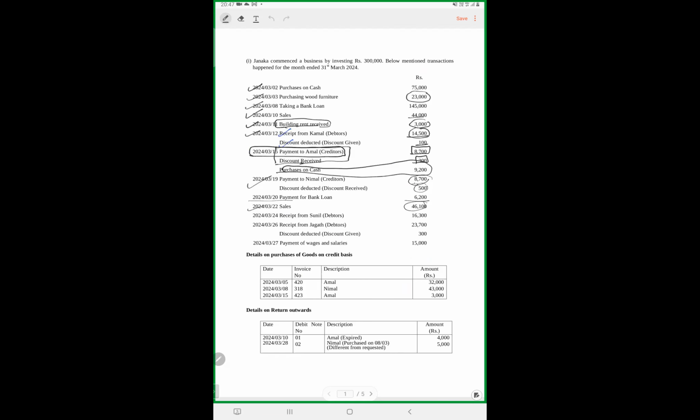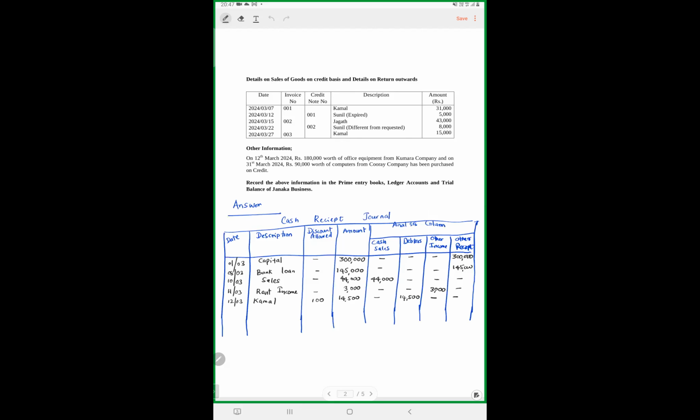Date is 22nd March. Sales. How much we are receiving? 46,100. So we are receiving the money from cash, 46,100.